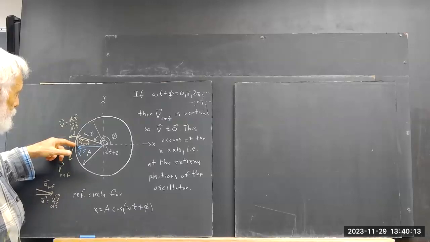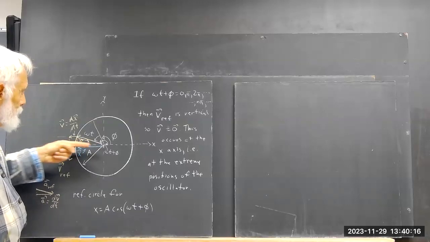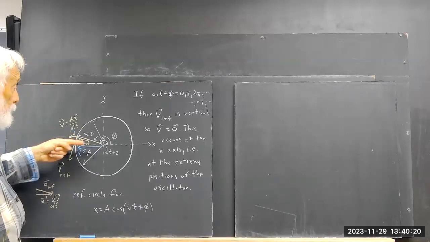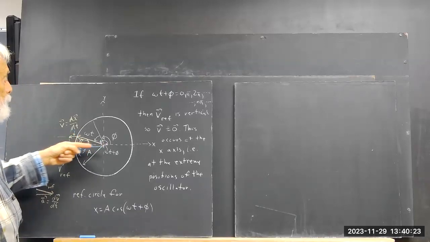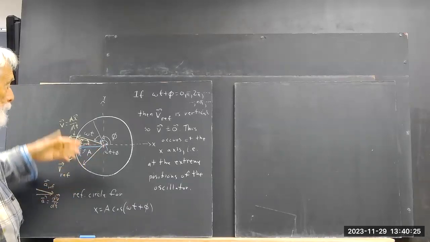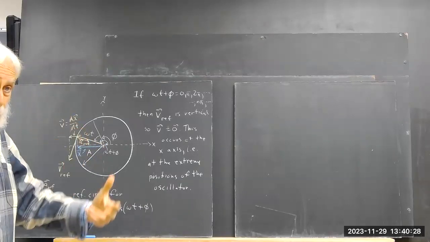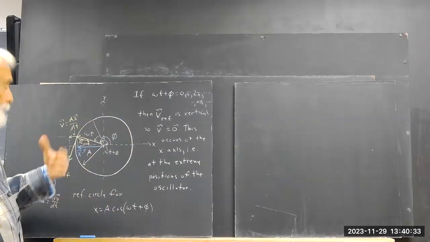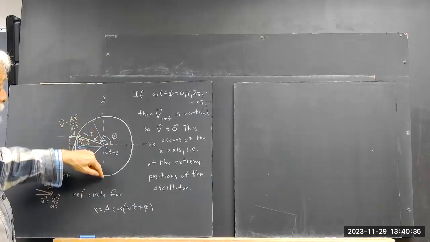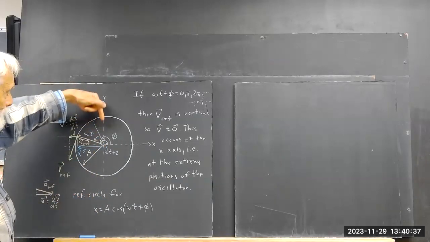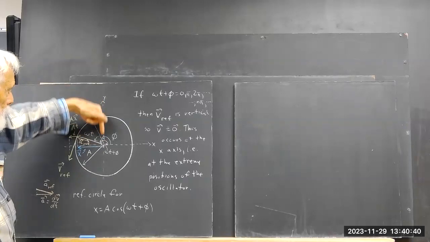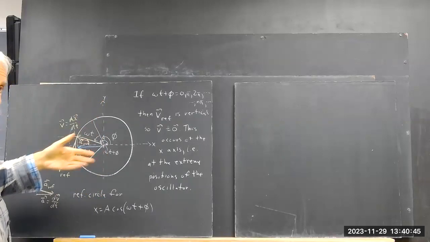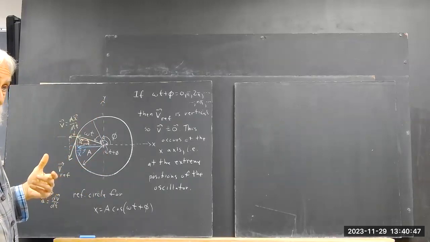When you're at this point, the reference acceleration, the centripetal acceleration of the point, is totally horizontal. So this horizontal component is maximized. And the same thing at this reference point. And then it's minimized at 0 here and here, because here the reference acceleration is vertical, and there's no horizontal component. Okay.